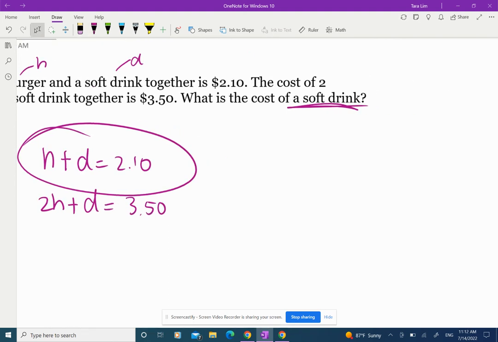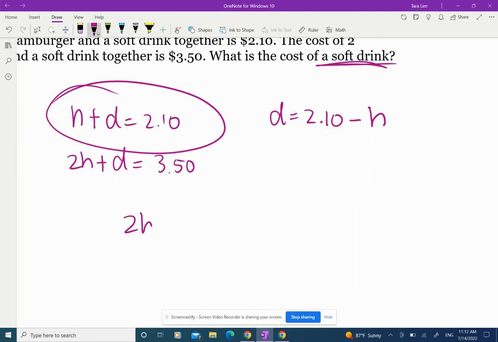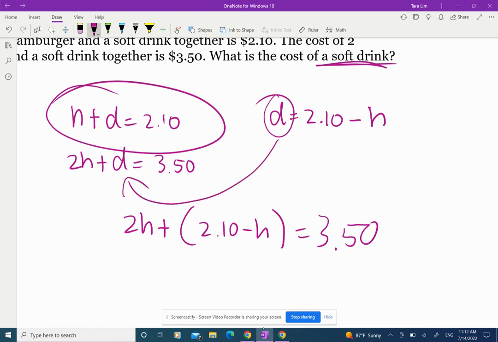So let's say I want to substitute D. Then I'll just say D is equal to 2.10 minus H. Now I substitute the D into here so that I only have one variable. So 2H plus 2.10 minus H is equal to 3.50, because I'm substituting the D into here.